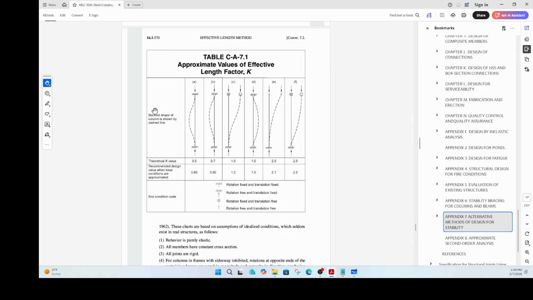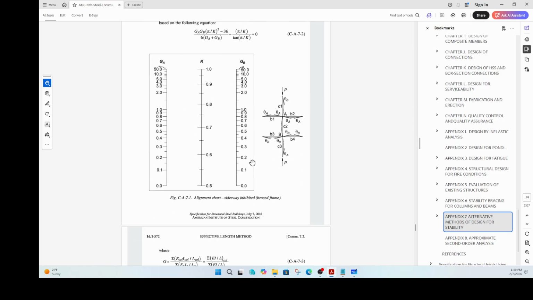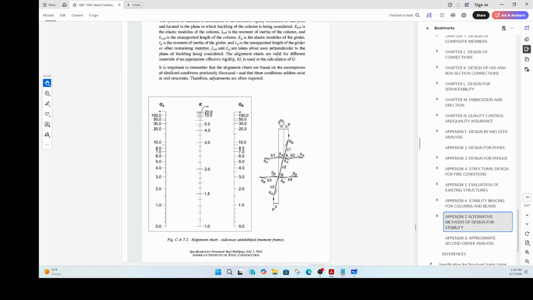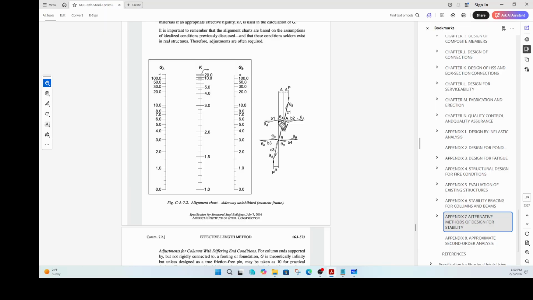So this is for an individual column, but our column is in a frame. This particular chart here is for a column in a frame where sway is inhibited, meaning you maybe have a brick wall or a bracing or something like that, right? So the sway here is inhibited, but that's not where we are.